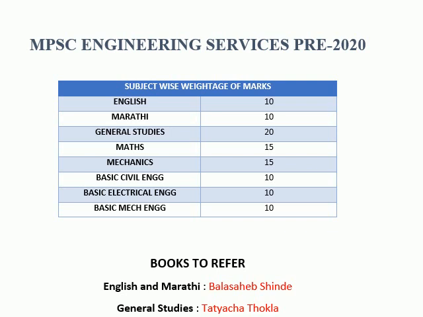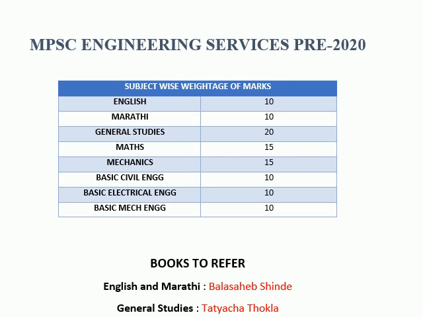The pre-exam consists of 8 sections: English, Marathi, General Studies, Maths, Mechanics, Civil, Electrical and Mechanical. You can see here the marks of the different 8 sections.